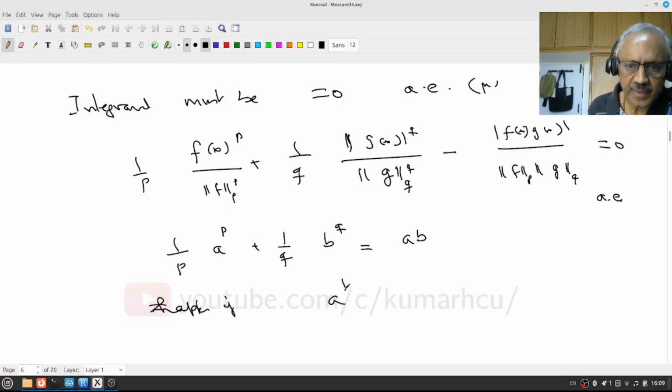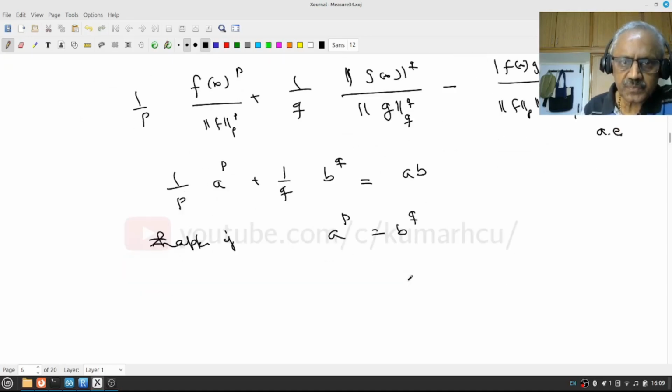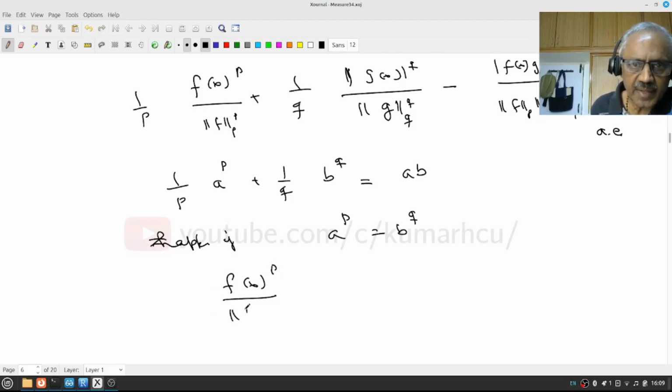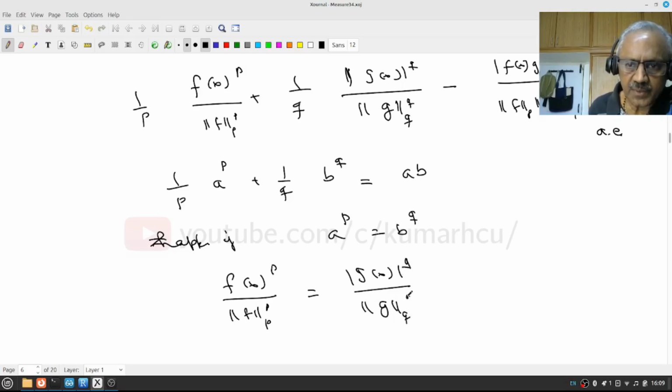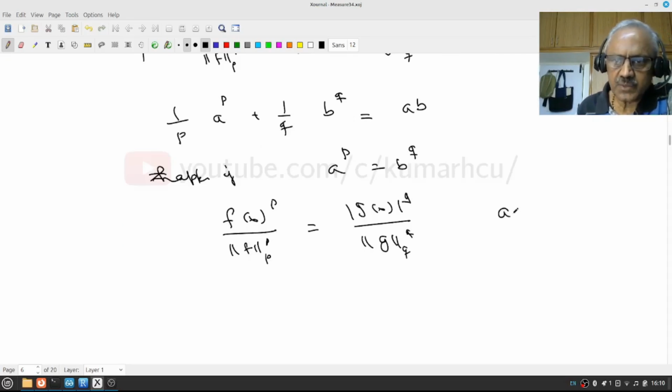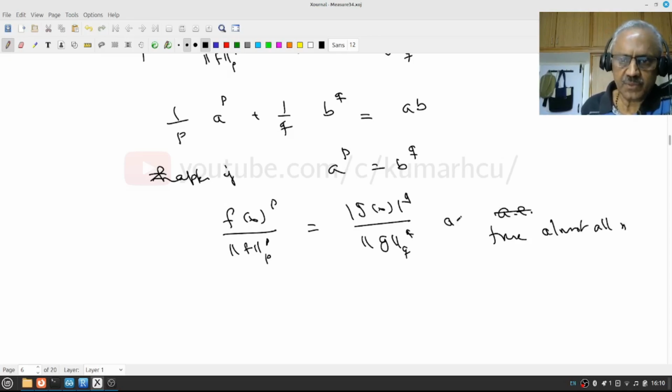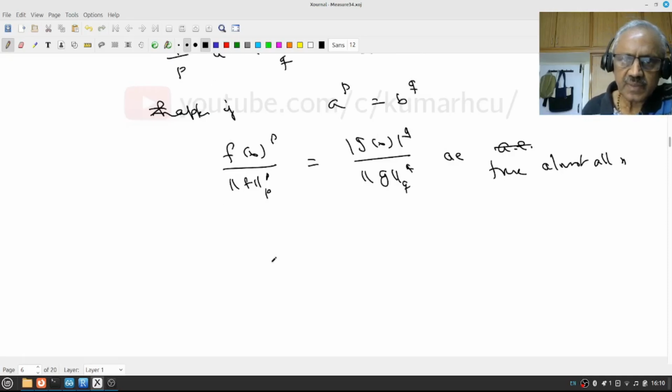if and only if a^p equals b^q, right? That means |f(x)|^p by the LP norm of f to the power p equals |g(x)|^q by the LQ norm of g to the power q, right? This is almost everywhere. Okay, this is true for almost all x, or this is true almost everywhere, right?